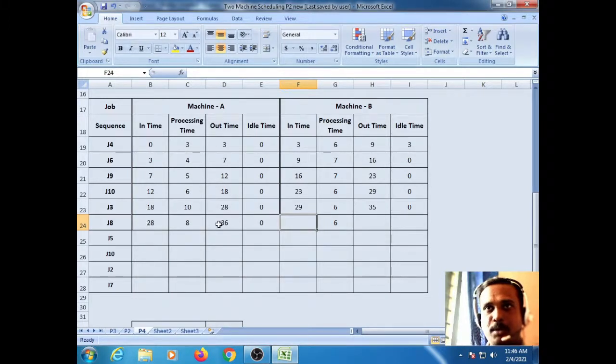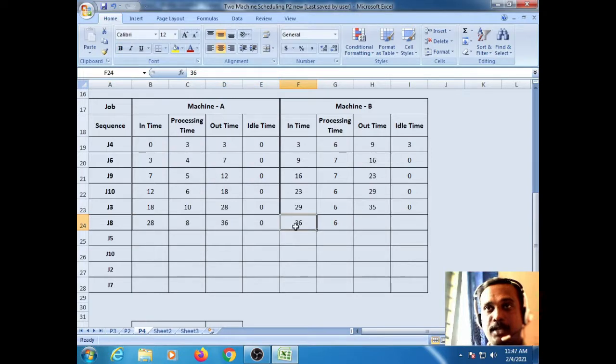The next job in the sequence is available at the 36th hour. At the 36th hour we have work to perform on machine B, but the machine was ready at the 35th hour only. Here the machine needs to wait 1 hour for the work, since the next job to process is at the 36th hour.